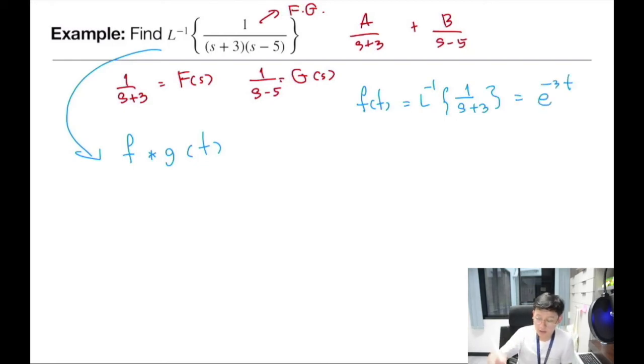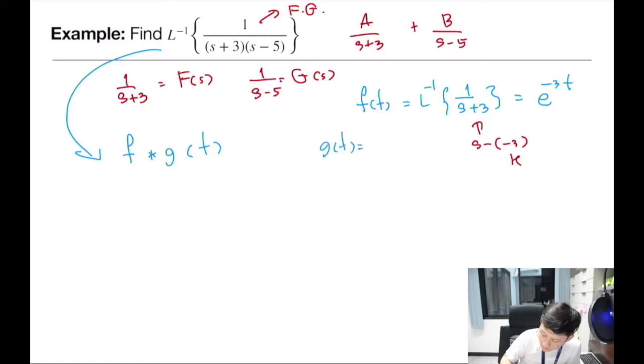Guys, don't forget, here it is s minus k with k equal to minus 3. The inverse Laplace transform of 1 over s minus k is e to the kt, because the Laplace transform of e to the kt is 1 over s minus k. Okay, so next we find g(t). g(t) is the inverse Laplace transform of 1 over s minus 5, and that will be e to the 5t.